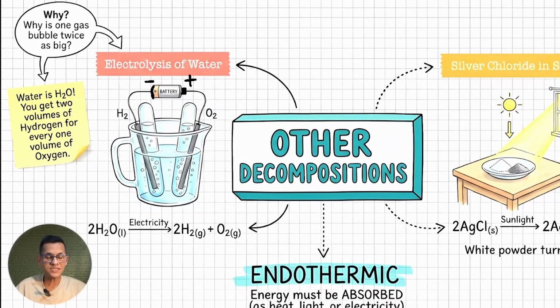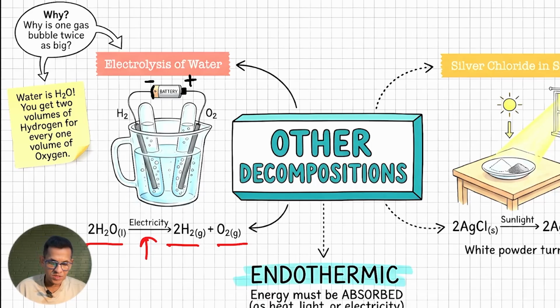The third category of decomposition reaction is electrolytic decomposition reaction, and basically it is an electrolysis process. So the example given here is splitting of water into hydrogen and oxygen by passing electricity through water.